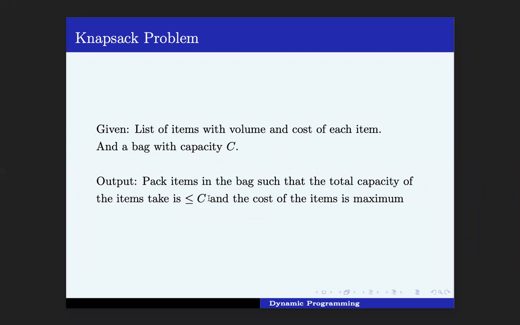That's a very costly thing, but they can also reach a lot of people. So at the end of the day, they can invest in a lot of these various things, but under the condition that the total amount of money they spend on these advertisements is less than the total budget that they have. At the same time, they want to maximize the number of people they reach. That's the knapsack problem.